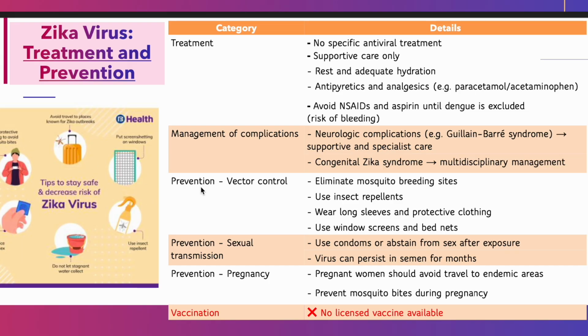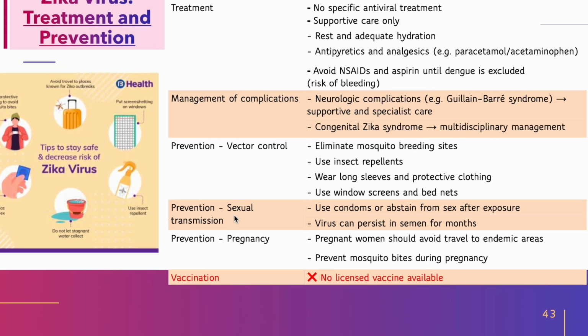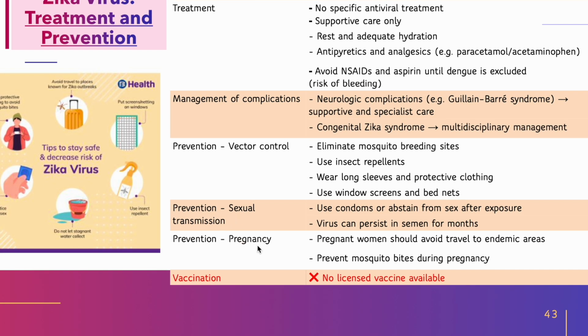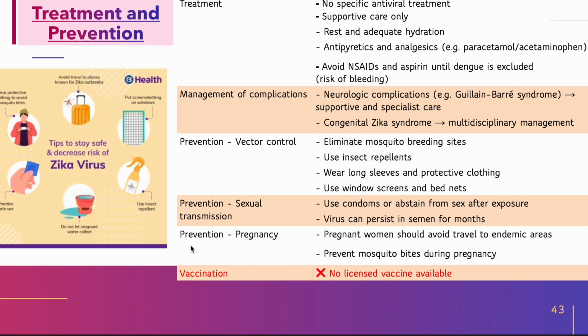For the prevention, pregnant women should avoid travel to endemic areas or prevent mosquito bites during pregnancy. And also we don't have any vaccine available for the Zika virus.